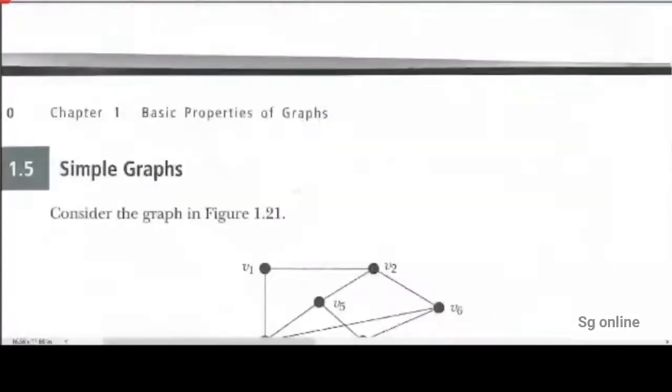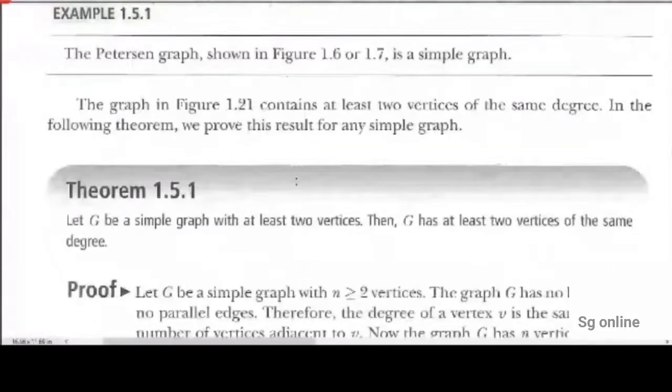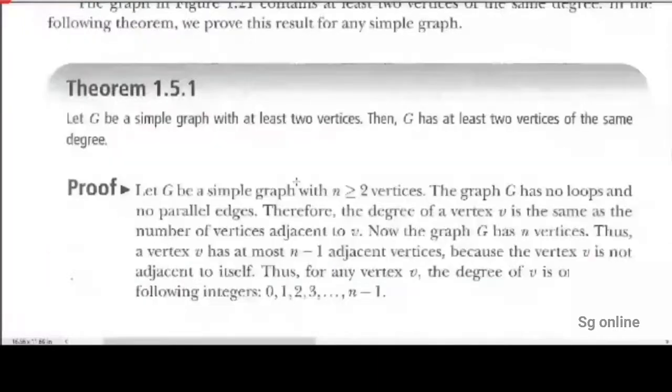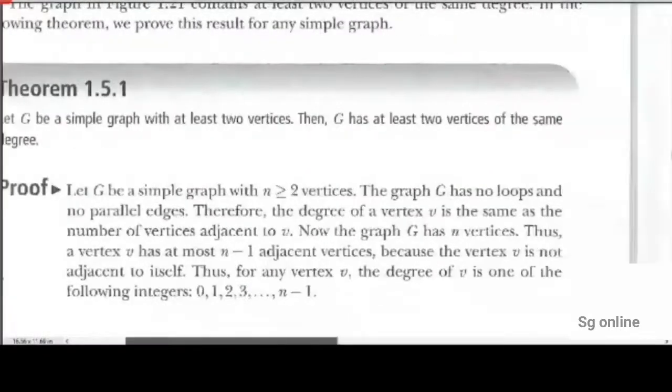If I give you a set of non-negative integers and ask whether a graph is possible having the degrees of the vertices like this, and all the numbers are distinct, then immediately you can say there cannot be any simple graph with these degree sets. So this is one implication of this.